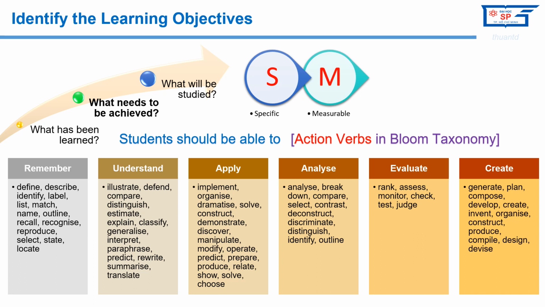M stands for measurable. The objective should include guidelines for evaluation, allowing teachers to assess how well students have achieved the desired learning outcomes, so that they cannot be vague. This often involves using external indicators, such as what the student does or says, as a measure of progress.